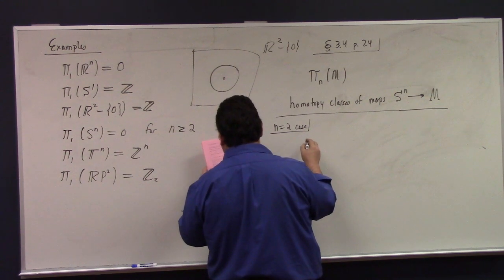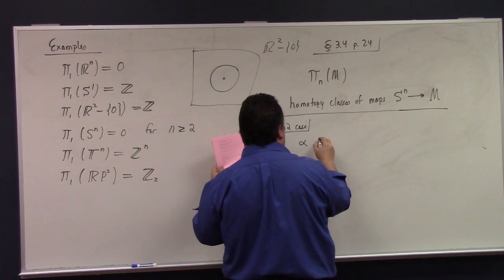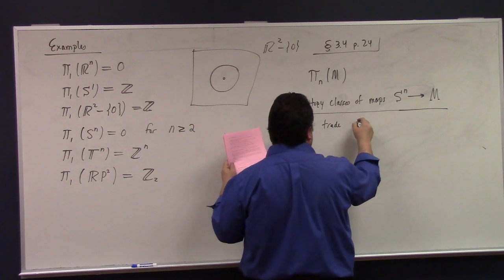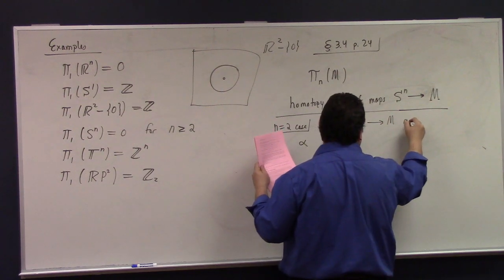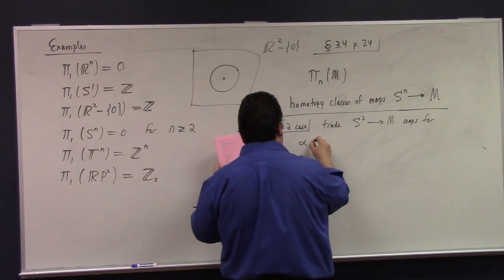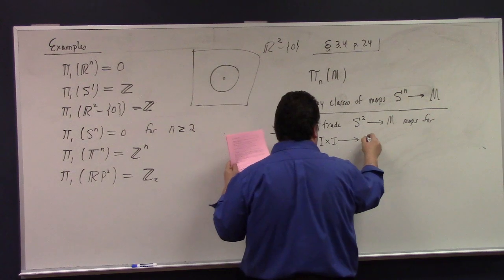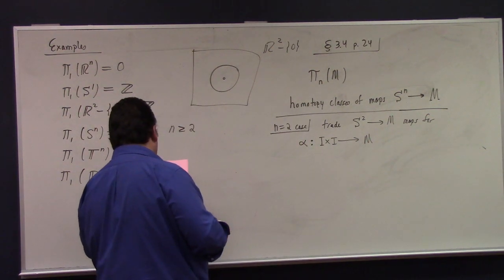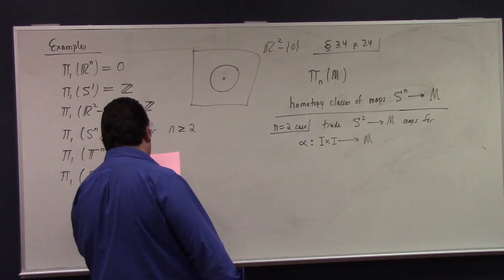He says it suffices, instead of looking at maps from S2 to M, to look at maps from the Cartesian product of the unit interval with itself into M. It suffices to consider homotopy classes of those kinds of maps.